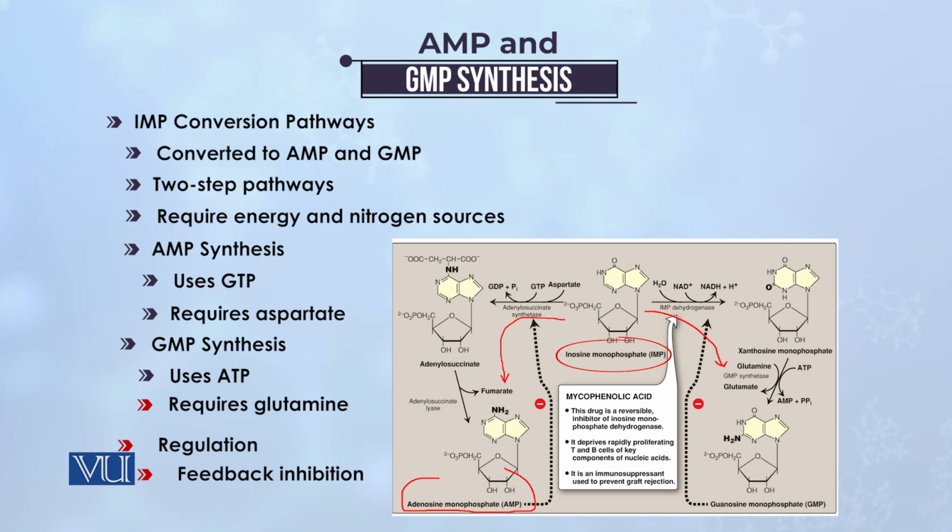In addition, for the nitrogen component of their rings, they also require certain amino acids. In the case of AMP formation, aspartate is used, while the GMP pathway makes use of glutamine.